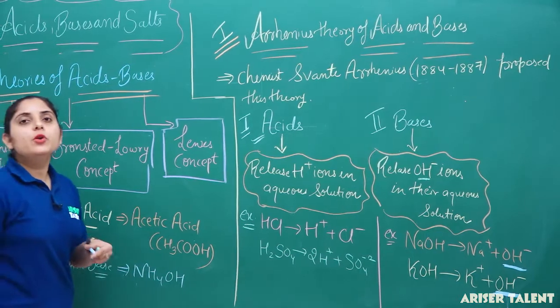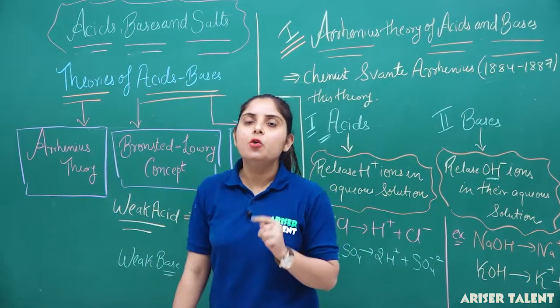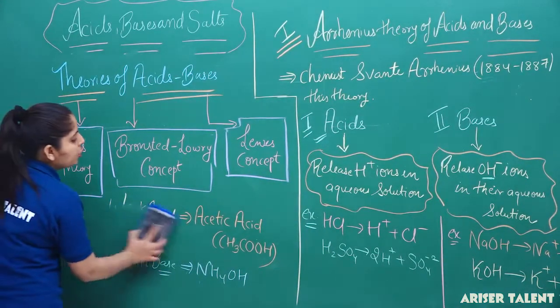Now we are moving to our next category of the theories regarding acids and bases. Our second theory will be Bronsted-Lowry concept. So we are moving to our next category.